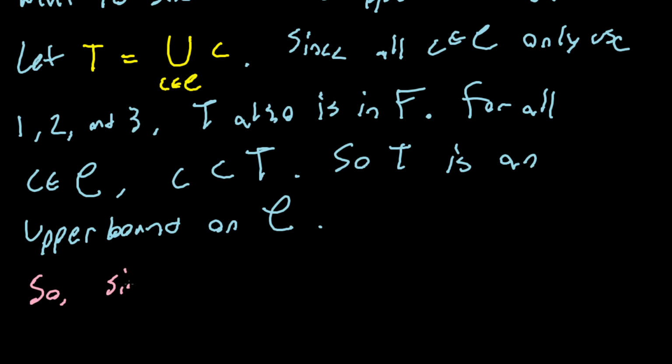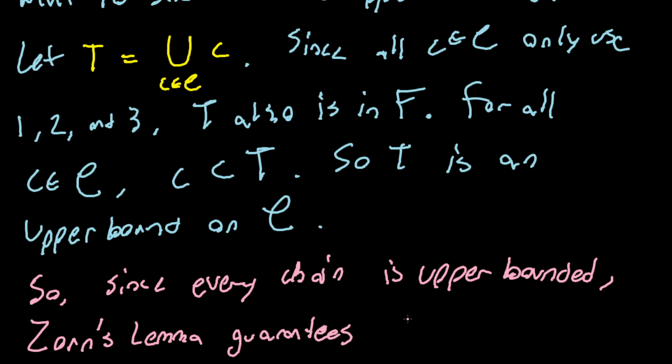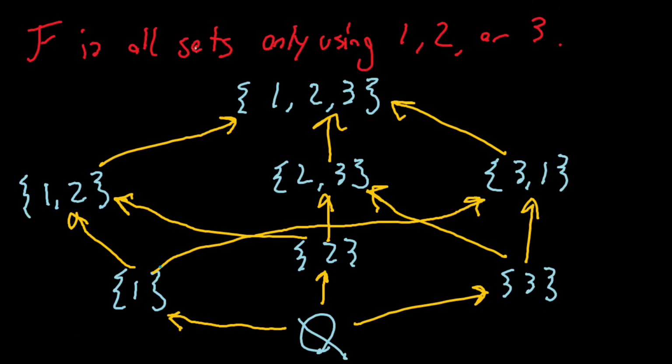So since every chain is upper bounded, Zorn's lemma guarantees a maximal element.